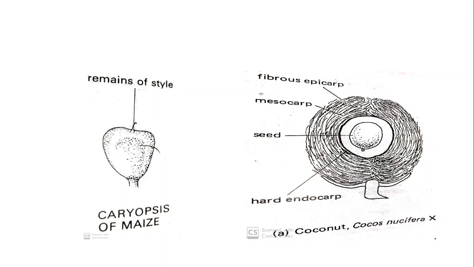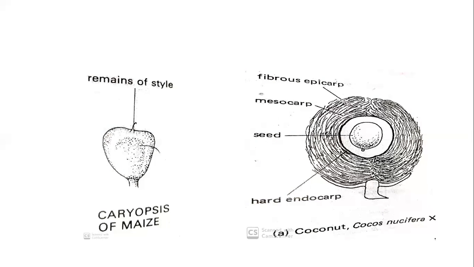So you can have water seed and fruit seed. They are all inside, and around is the hard endocarp. Then you have your mesocarp, that is fibrous in nature. Then you have your epicarp around them. So this gives us the structure of the fruit and seeds.